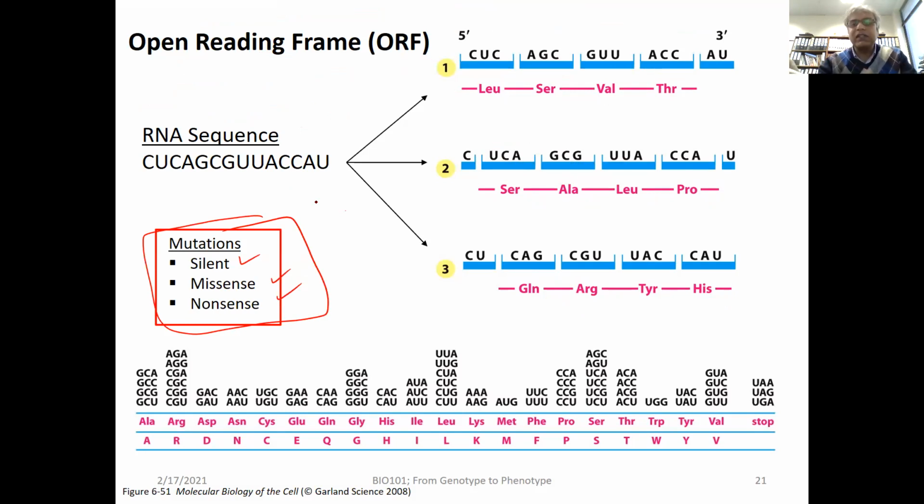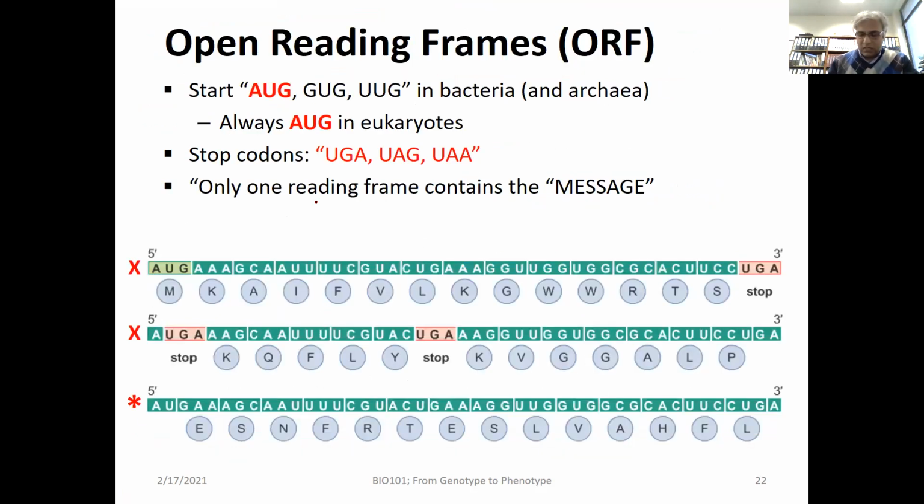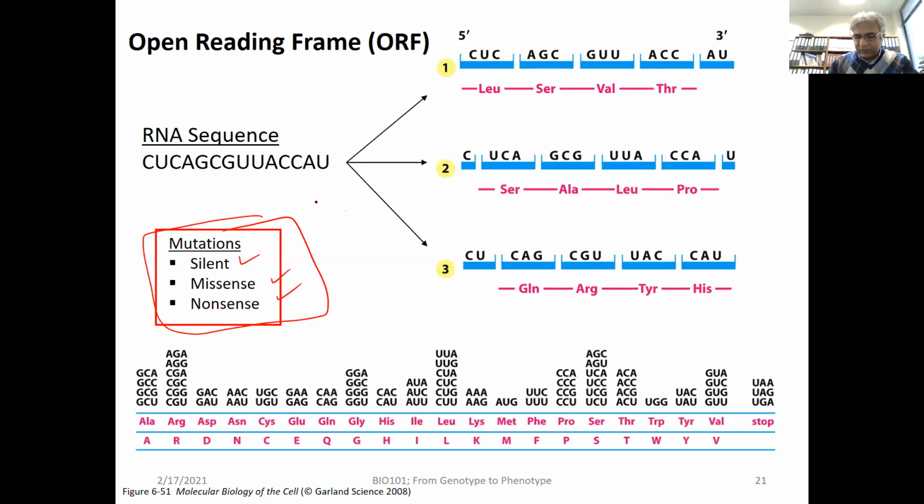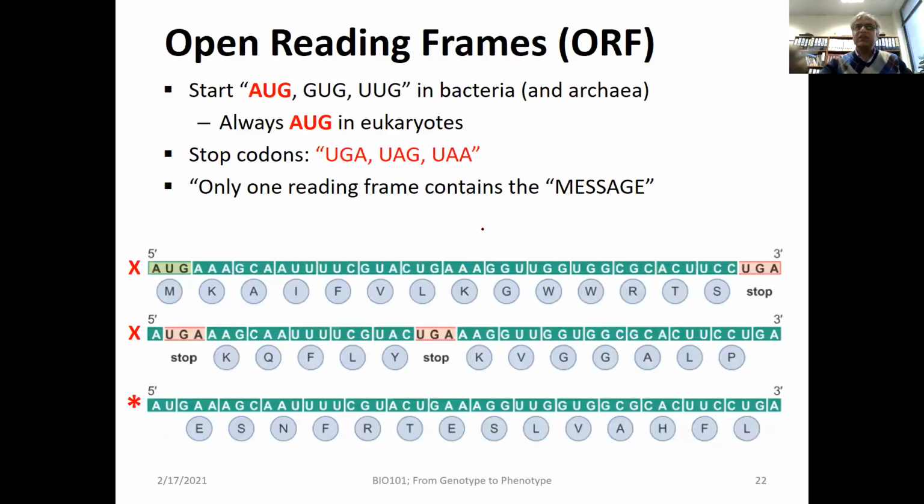We will go on with the translation. Now, how many reading frames can there be in messenger RNA, or in a gene model? If we go along this strand, there can be 3, starting from here or from here, reading frame 1, 2, or 3. But in a double-stranded DNA, there can be 6 reading frames.